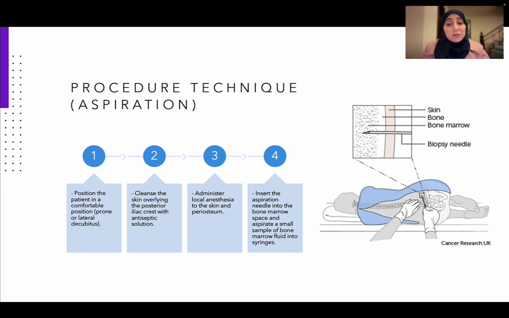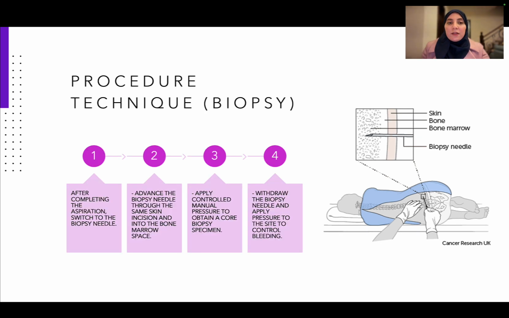However, in some hospitals, and maybe it's going to change here also, it's the role of the nurses after proper training and certification. Then, after we handle the bone marrow aspirate, we move on to the biopsy.